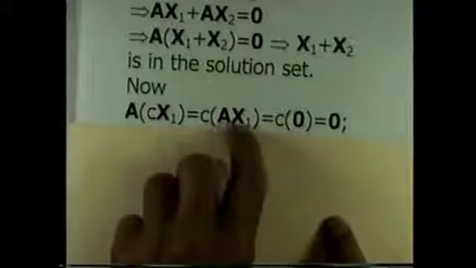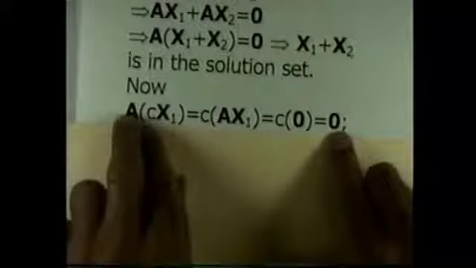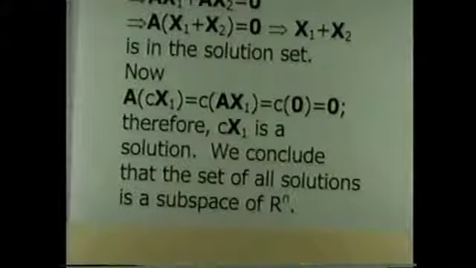Well, x1 is a solution, so therefore A x1 is 0. c times 0 is 0. So if A times a vector is 0, then that vector is in the solution set, so c x1 is a solution. So we've shown that vector addition is closed and scalar multiplication is closed, so we conclude that the set of all solutions is a subspace of R^n. We've satisfied all three conditions.